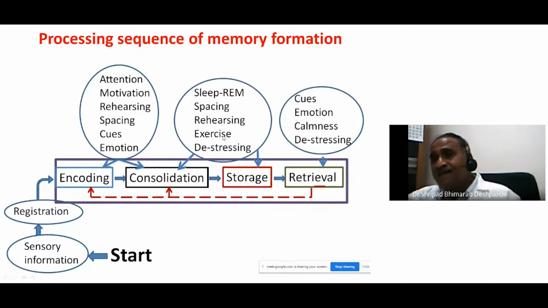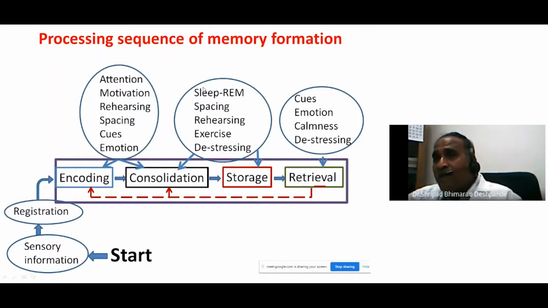This type of exercise makes your memory consolidation stronger. More important, you should not be stressed. A stressful mind cannot accept anything, I'm telling you. So the mind should be de-stressed, without any stress. So these are the 4 components I mentioned for consolidation as well as storage.